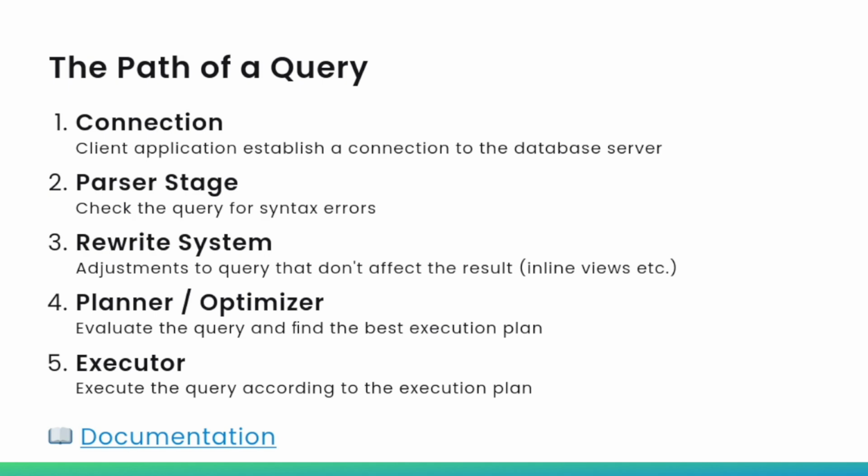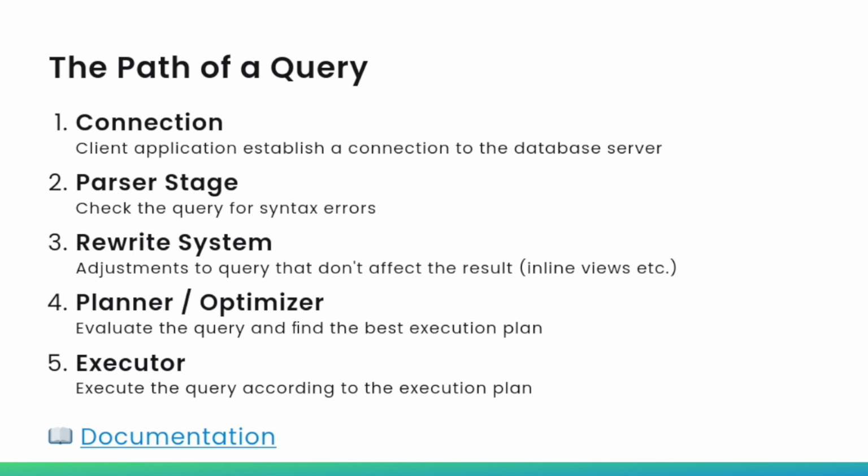The next step is the parser stage. At this stage, the database takes the actual text of your query and transforms it into a data structure that it can understand, some kind of AST tree. Okay, so for example, if you have a syntax error, this is where you fail at the parser stage.